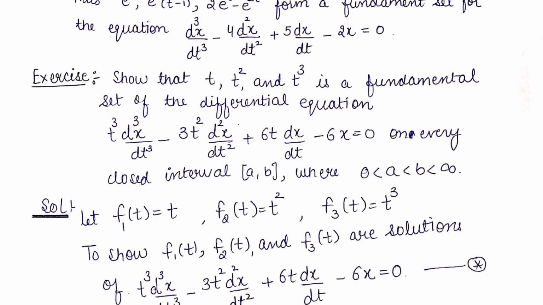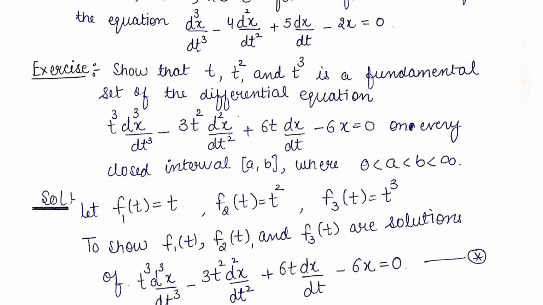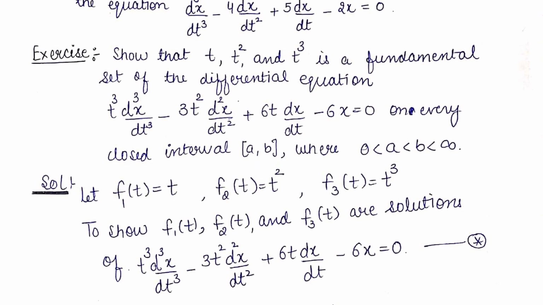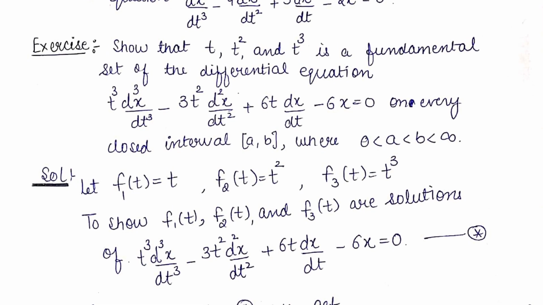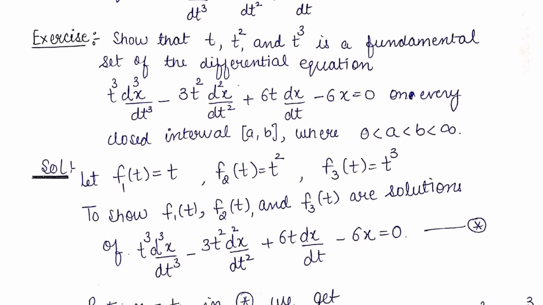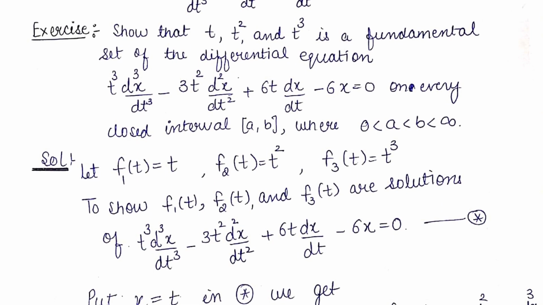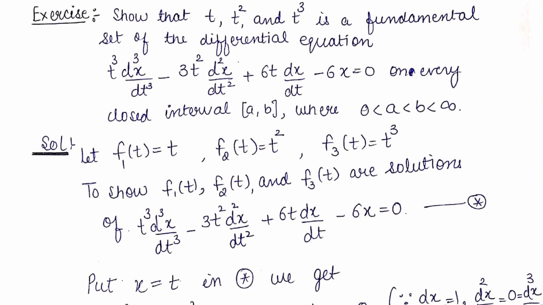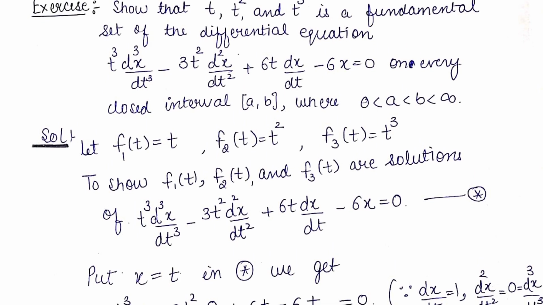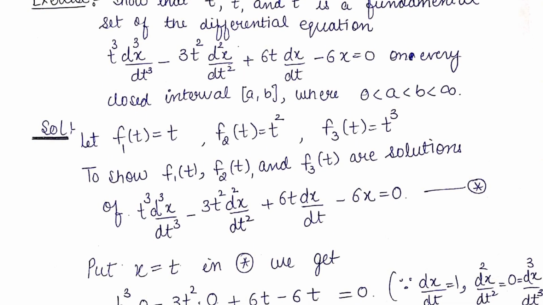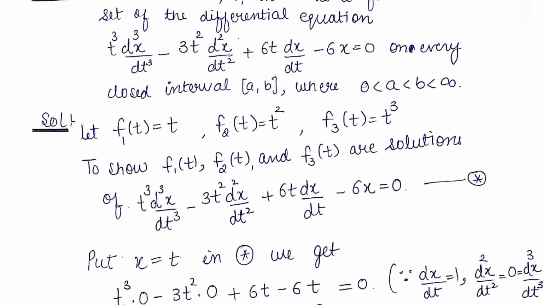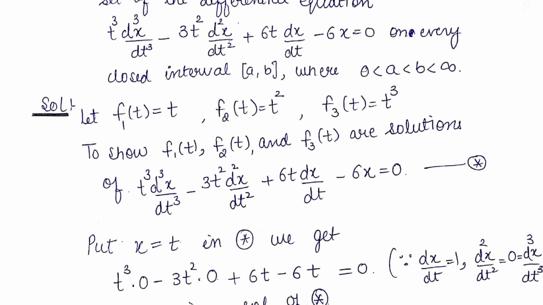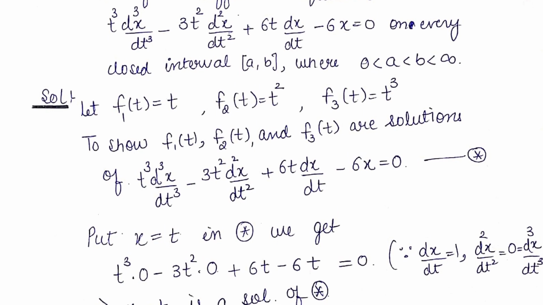For the solution, you have to put x = e^t first, and then you have to prove that this satisfies the third order equation, and then similarly for the second and third function, you have to substitute x = e^t(t-1) and x = 2e^t - e^(2t), and then you will get that substituting these functions, the equation gets satisfied, which implies that these functions are solutions of the given differential equation.